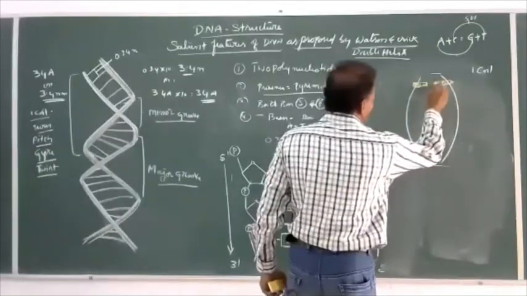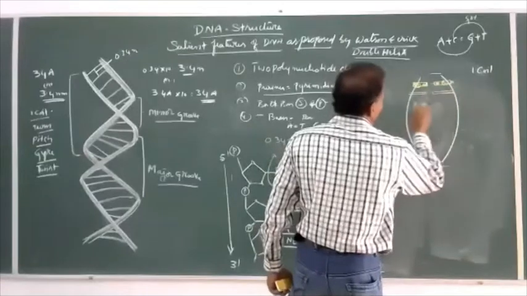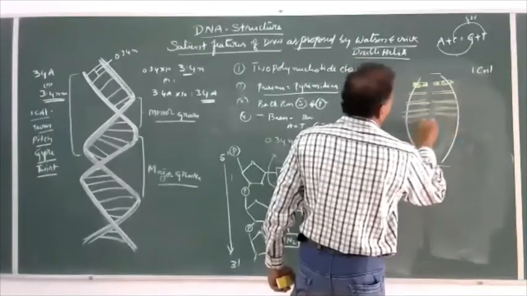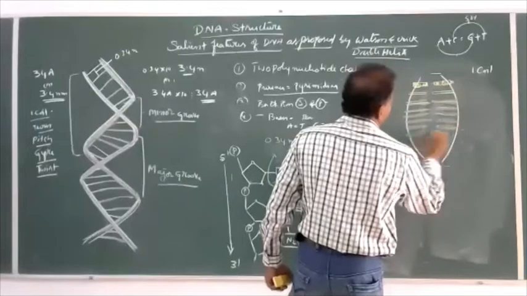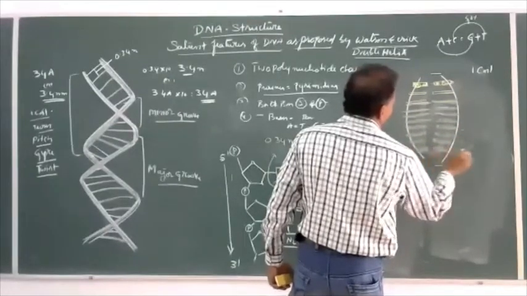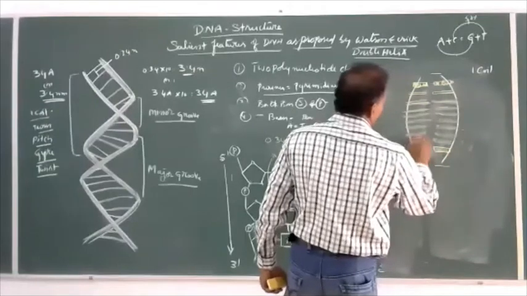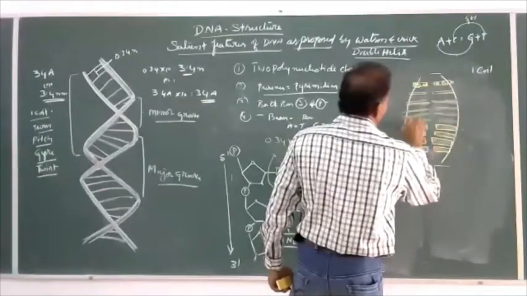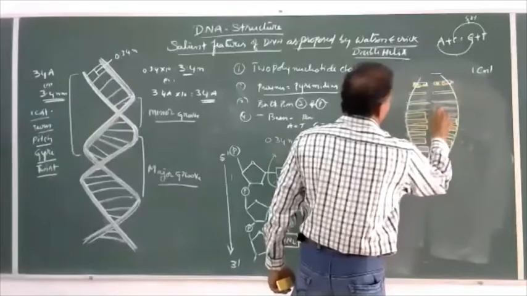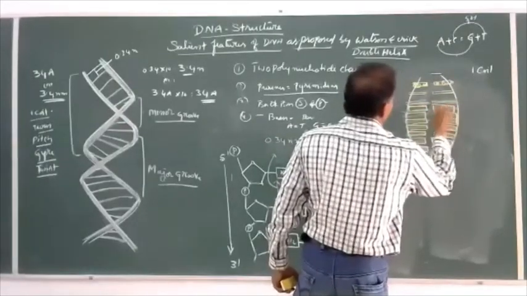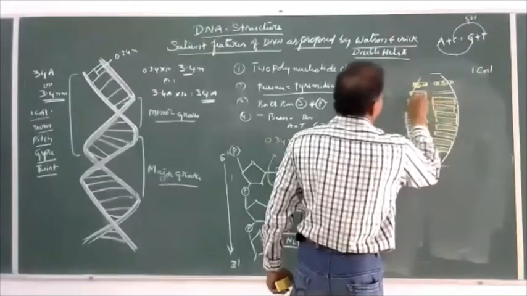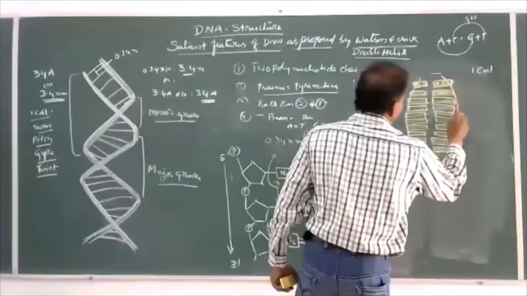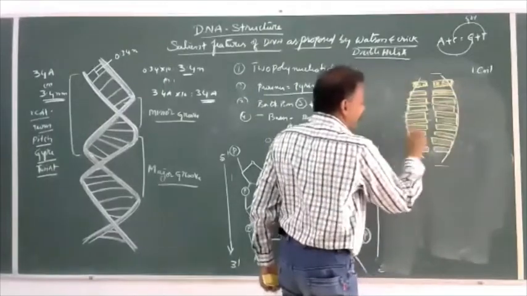Like this, one pair, second pair, third pair, fourth, fifth, sixth, 7, 8, 9, 10. 10 base pairs.